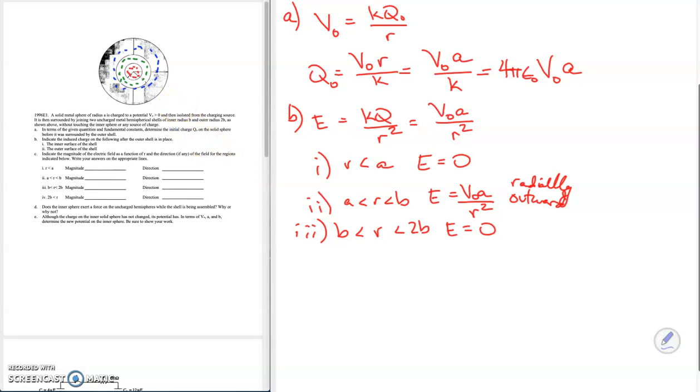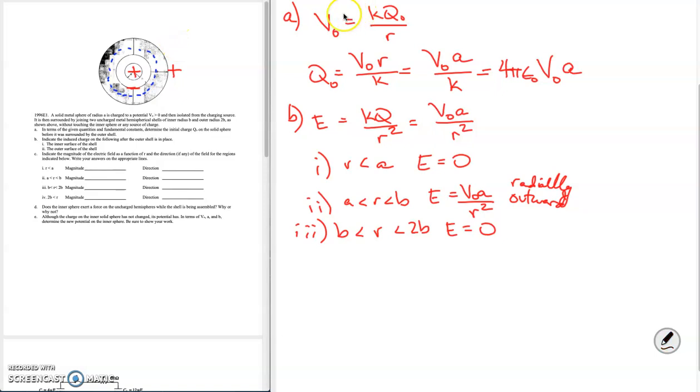That should give you an indication that if our inner sphere is a positive charge, in order to have zero electric field inside this shell, we're going to have the inner surface with a negative charge. That way, once we have gone into the conductor and we draw our Gaussian surface here, we've enclosed a net zero charge. The result will be that the same size charge that resides on the inner sphere is going to reside on the surface.